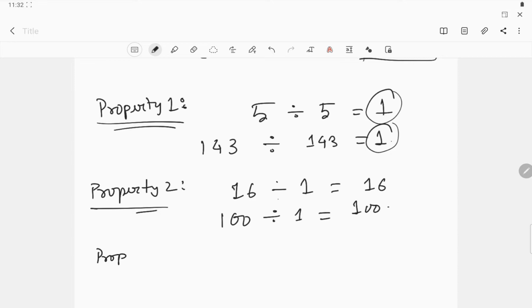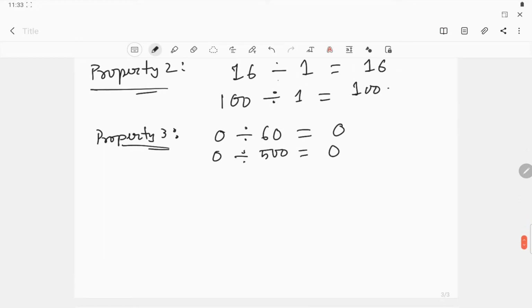And property number 3: if you divide 0 by any number, you will always get 0. If you divide 0 by 500, you will always get 0. If you divide 0 by 1 crore, it's always 0.